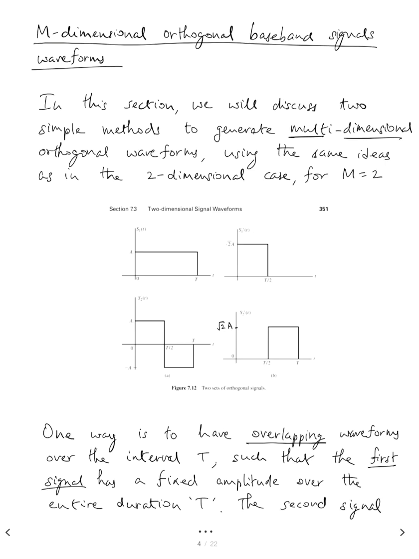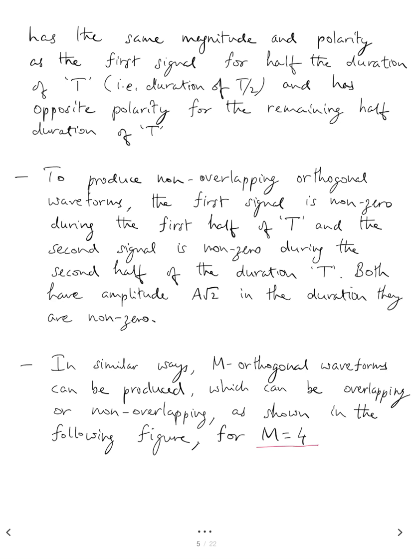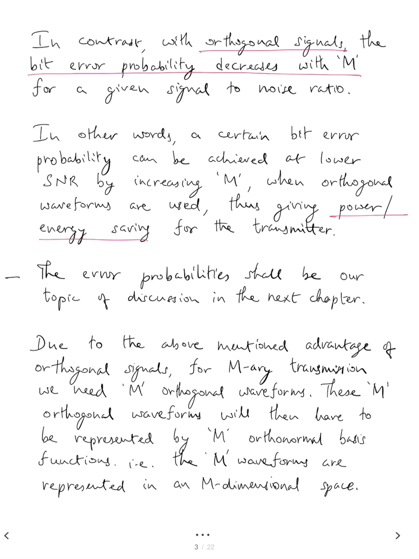We'll come to that later anyway. So if we need m such signals, then we need m such dimensions. That means m basis functions which are all orthogonal to each other, and then each signal lies on a particular axis, on that particular basis function.